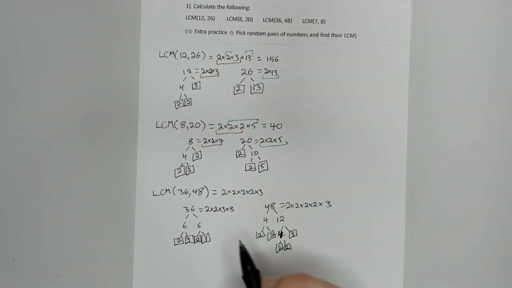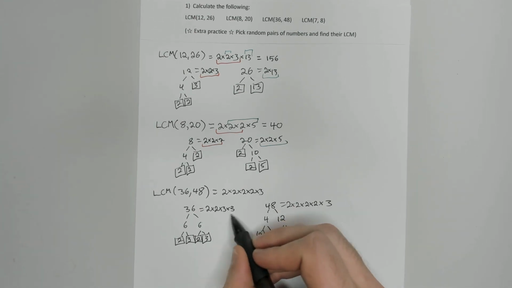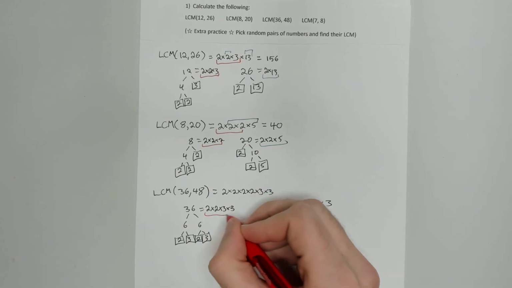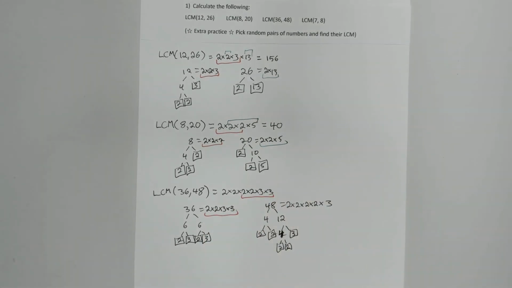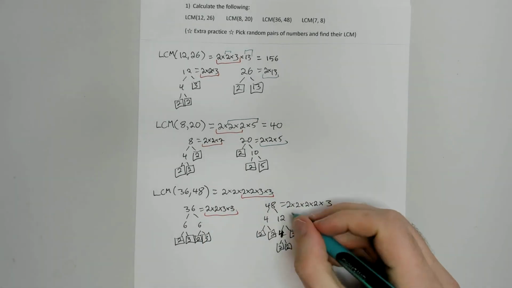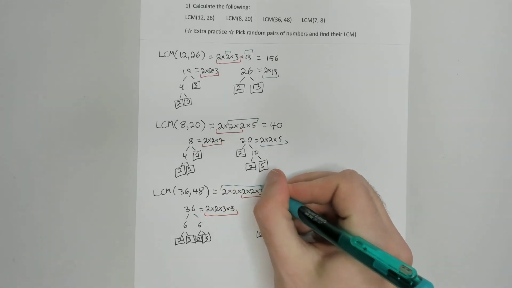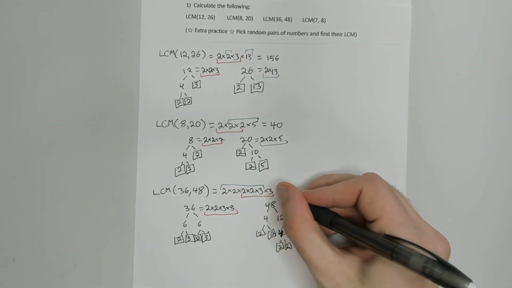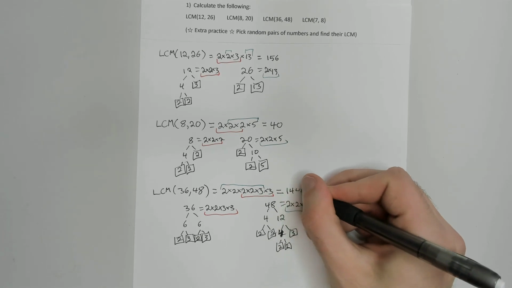And to cover 36, we need two 2's, we already have those, and we need two 3's. We have one 3, but we need to add in another one. So we've covered 36's prime factorization with these prime factors, and we've covered 48's prime factorization with these prime factors. So this number is going to be our lowest common multiple of 36 and 48, and when we multiply it out, what do we get? We are going to get, should be 144, I believe.